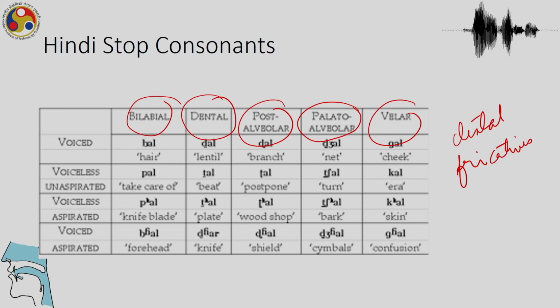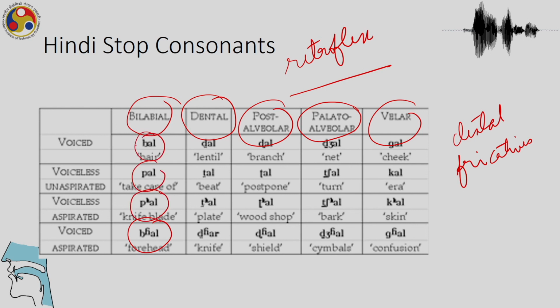Now apart from having all these places of articulation, there are two important things to see here. One is that Hindi has a type of consonant called retroflex consonant. The other important thing is to look at this contrast.